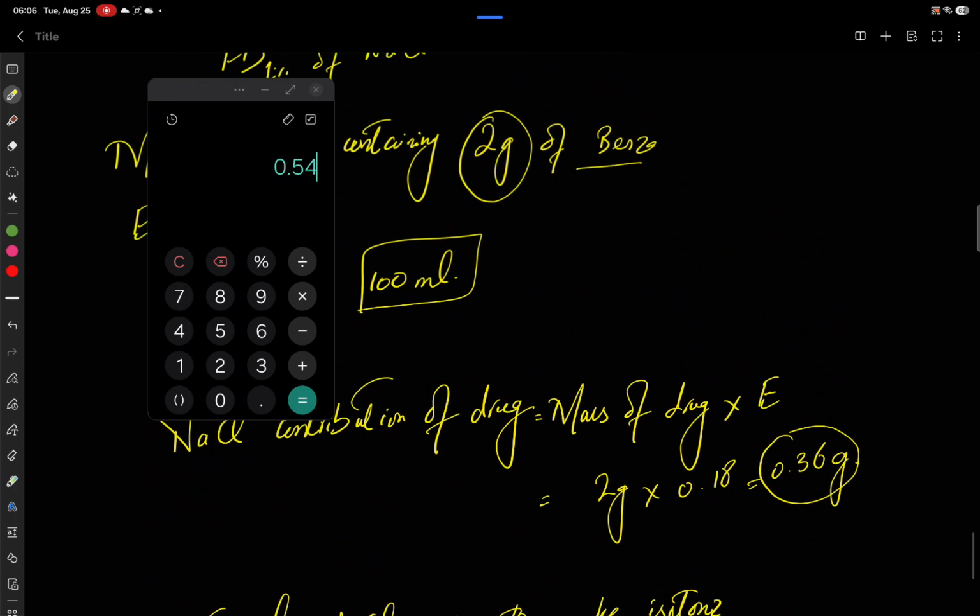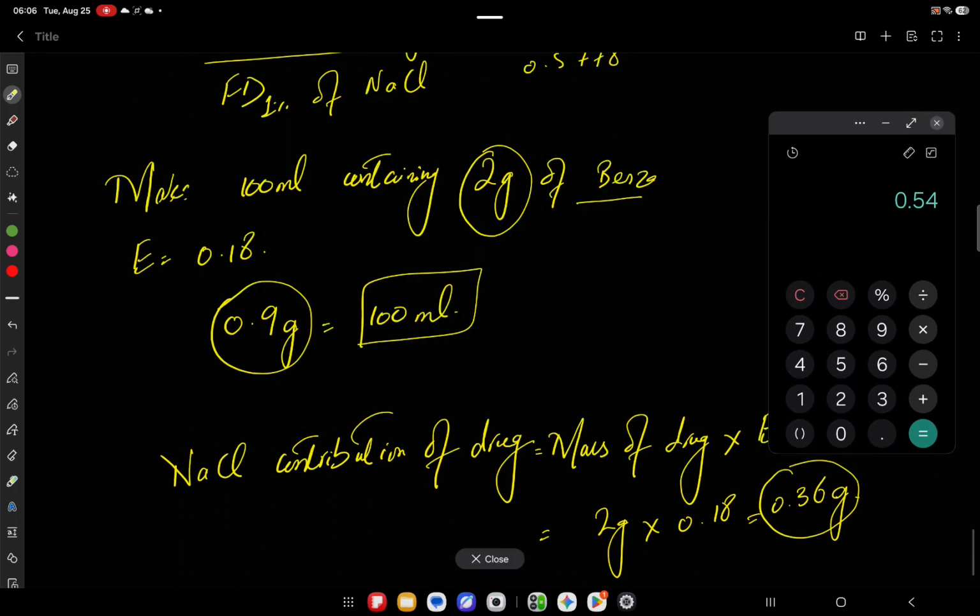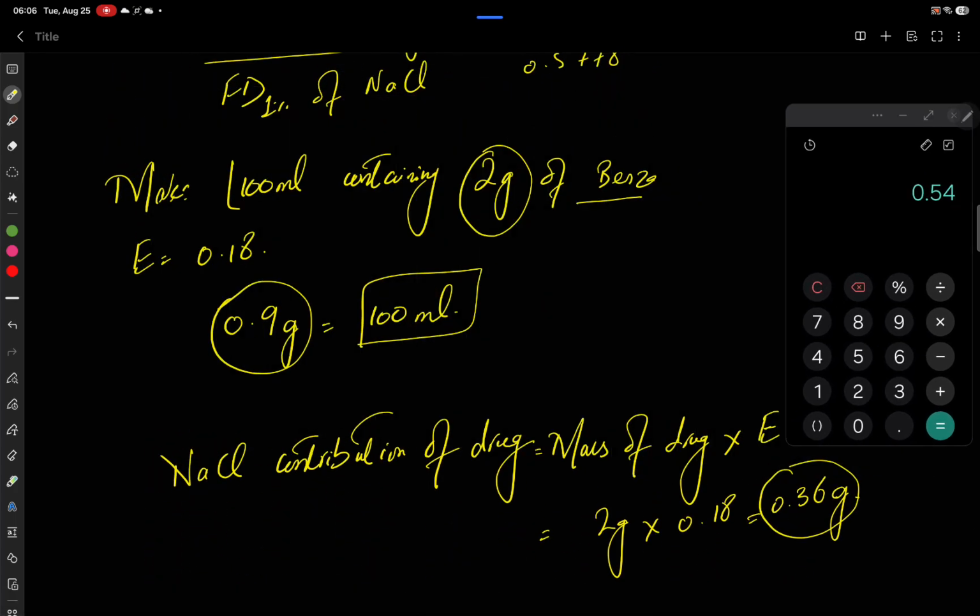So what was the prescription? We had to make 100 ml containing 2 grams of benza. We already calculated the sodium chloride equivalence value, that was 0.18.